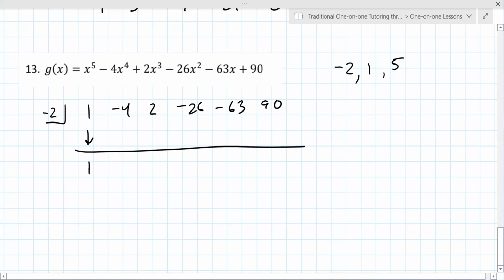All right, 1, -2, -6, 108, and then 45, -90.